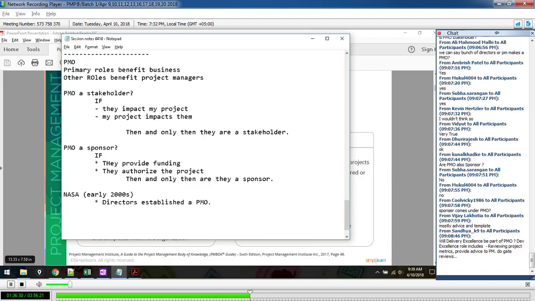Directors established a PMO. No PMs used it. PMs met over lunch and shared templates, best practices, and agreed to support each other.